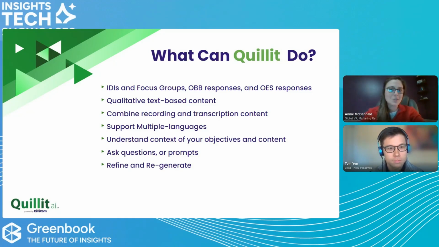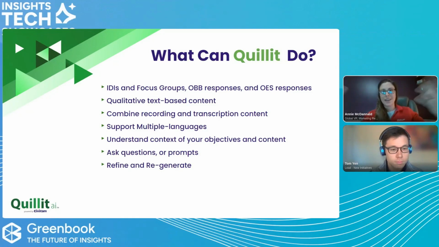In addition, there's this learning curve with AI that we're all adjusting to. And so with Quillit, there is the functionality to refine a request and regenerate a report so that as you learn how to write effective prompts or apply the best context for your research content, you can regenerate those reports with ease to get a much higher quality and relevant response back from Quillit.